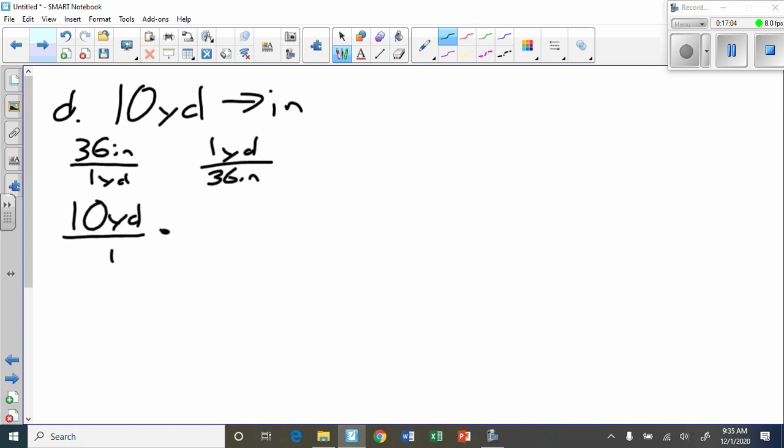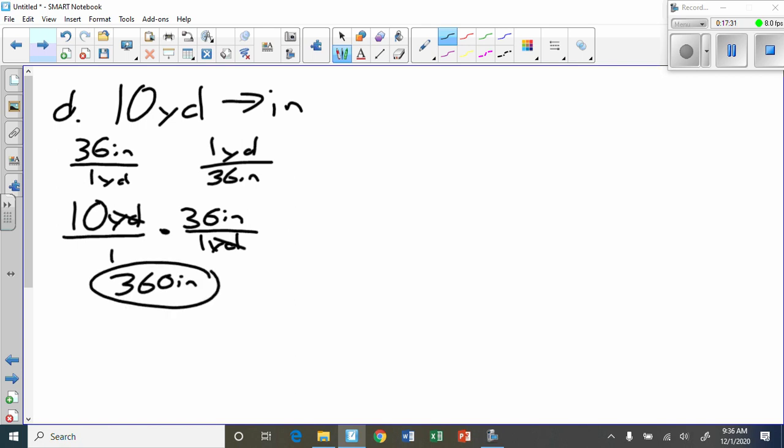Which one am I going to multiply by? Why 36 inches over 1 yard, Juliana, instead of 1 yard over 36 inches? Because I need to cancel, yeah. If I did it the other way around, I would get 10 yards squared over 36 inches. That's not helpful. Yard cancels. 360 inches.